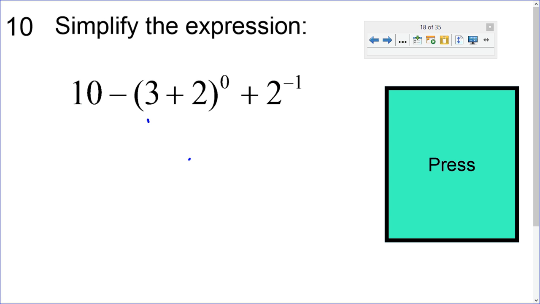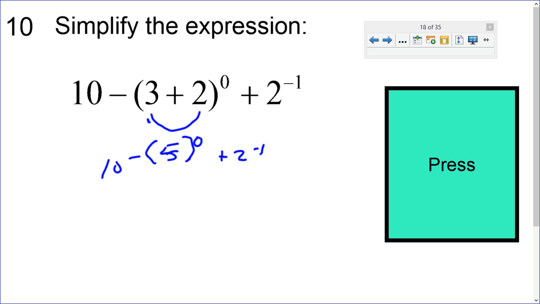Inside your grouping symbol you have 2 plus 3, and that gives you 5. And that's going to be raised to the 0 power. And we have 10 minus that plus 2 to the negative 1.